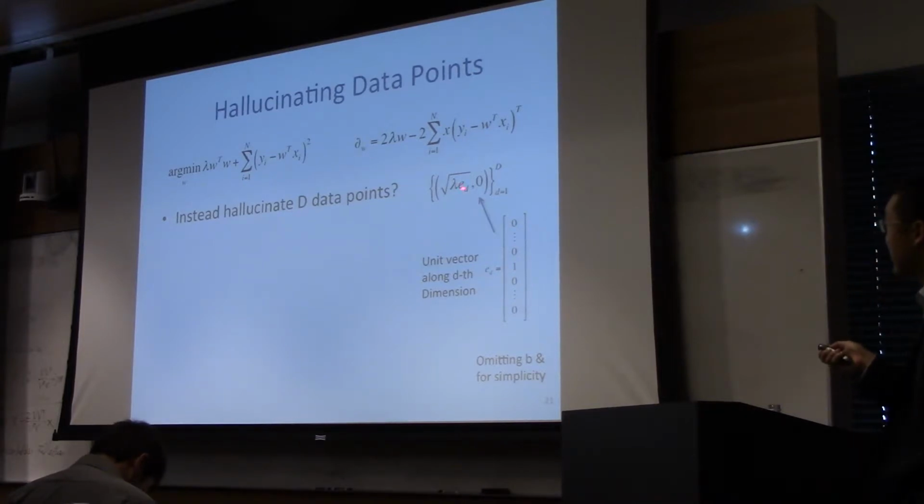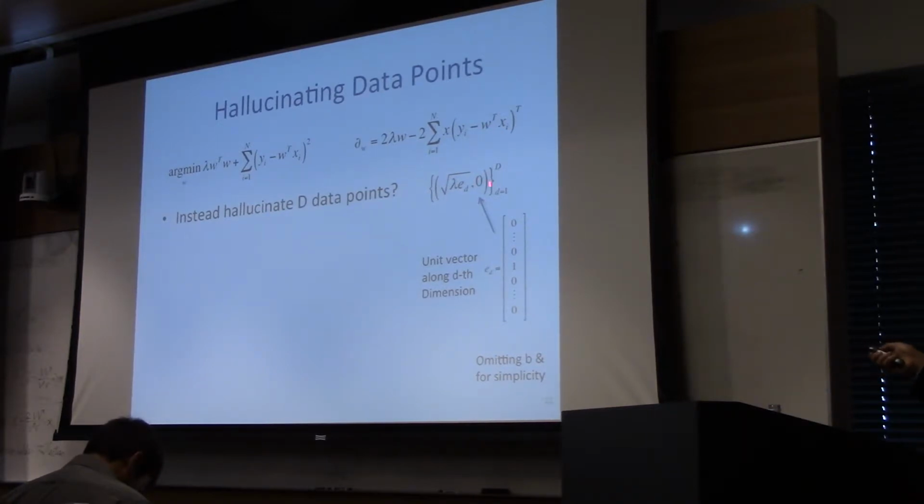And it's going to look like this. E here is the basis vector, so it's 1 at the dth component and 0 everywhere else. So you can think of this as a feature vector that is non-zero at exactly one component and 0 everywhere else. And the label is 0. The regression target is 0.